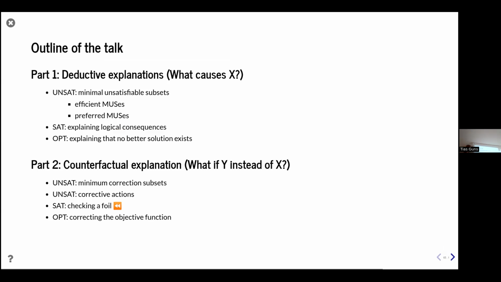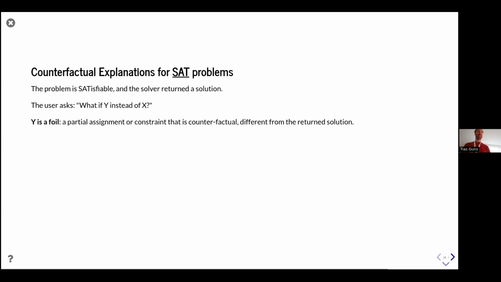So that's how we can use these counterfactual explanations and changes to the model and new solutions in case your problem is unsat. What if your problem is sat, but you don't like it? So it's satisfiable, you got a solution, and the user asks, why? What if something else? What if Mark would work on that day while he's currently not working instead of your current solution?